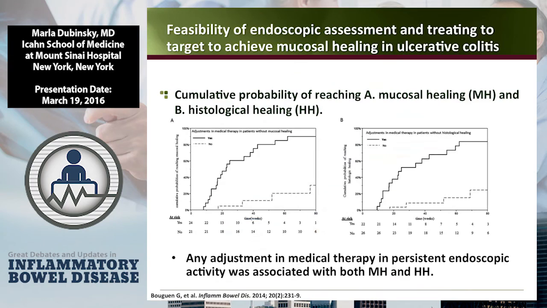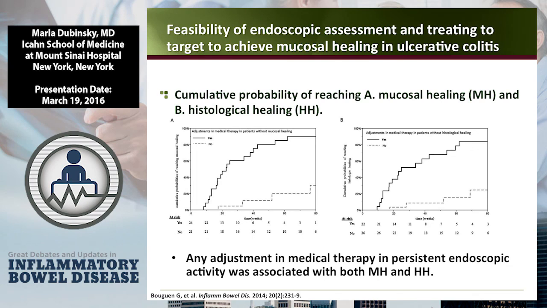So in terms of endoscopic assessment and treat to target, what I want to say in the last few moments is that they actually tested this at UCSD. Bill Sandborn went back and said, if I had a patient who I scoped 6 months after I started a therapy, and I adjusted my therapy based on my endoscope, was I able to improve the rate of endoscopic healing once I escalated my therapy?